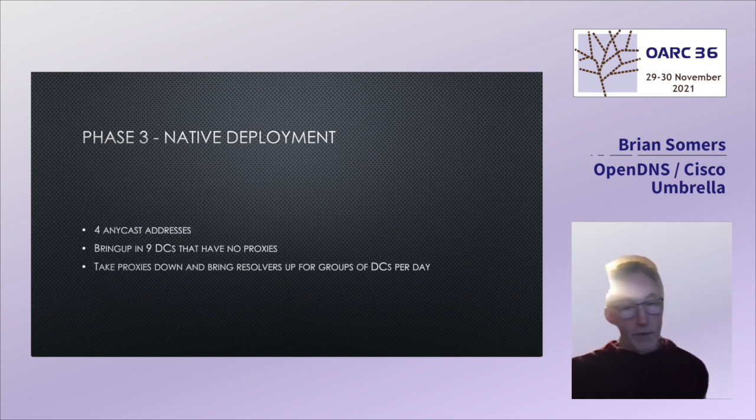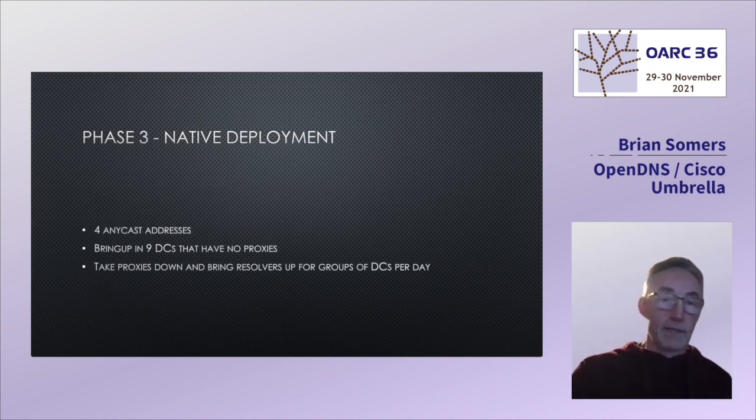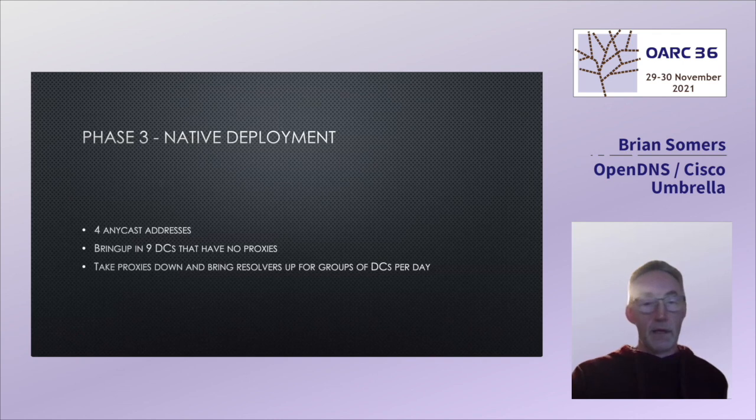So, of course, once we got all of this in place, the rollout, which I was kind of expecting to provide lots and lots of problems, didn't. Once we got our resolvers up and running and accepting DO connections, we wanted to take over the proxy addresses. We had 4 Anycast proxy addresses, and it just went completely smoothly.